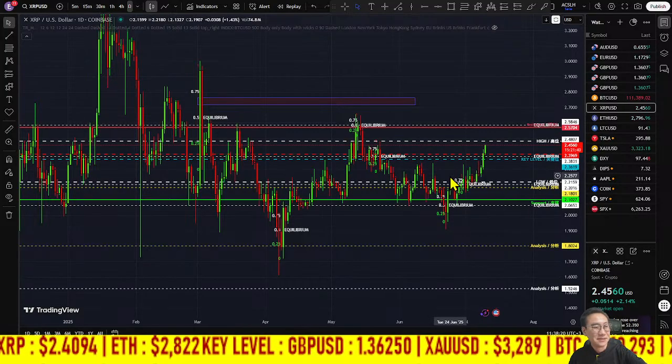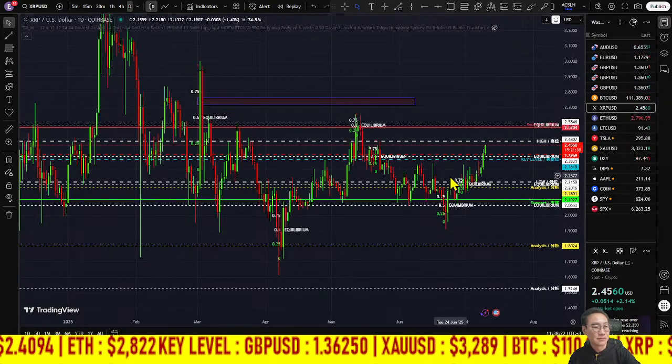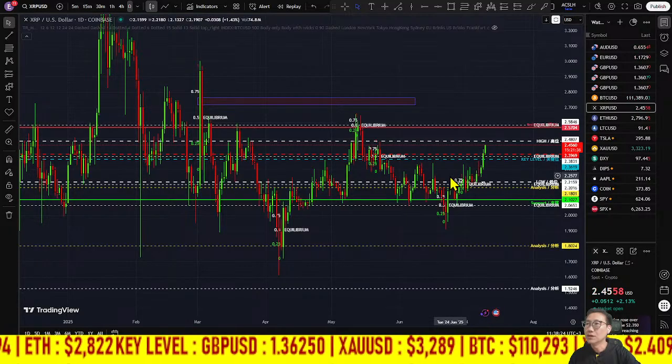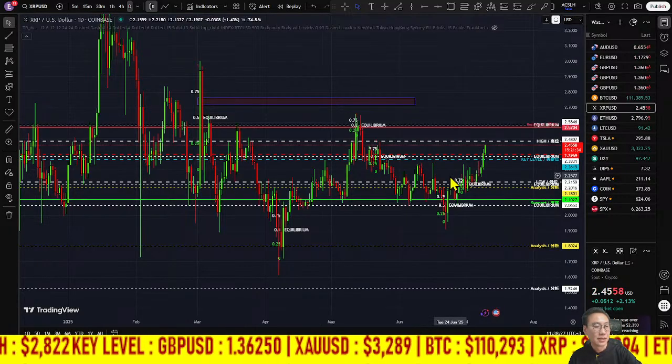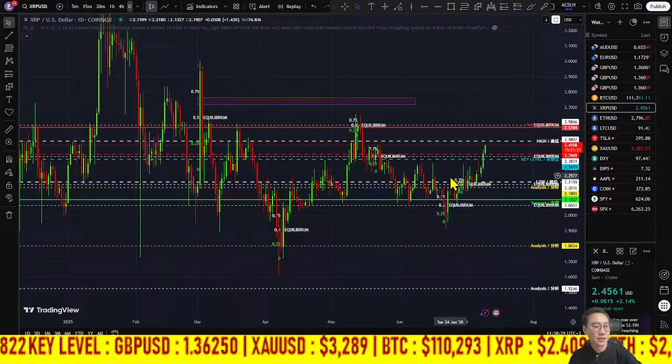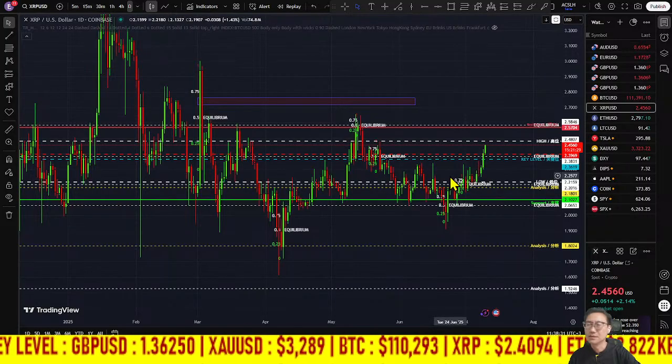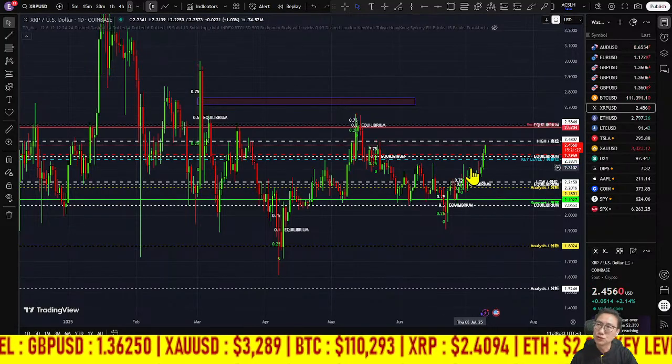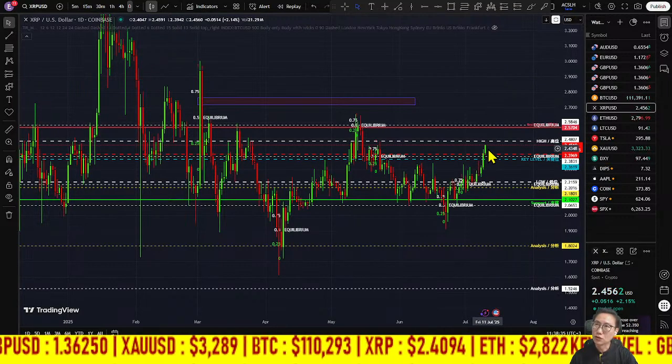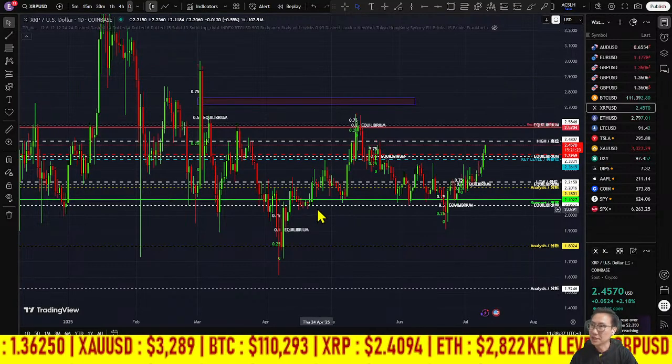As we can see over at this point here, we are trying to push through 2.48 to take 2.58 as well.